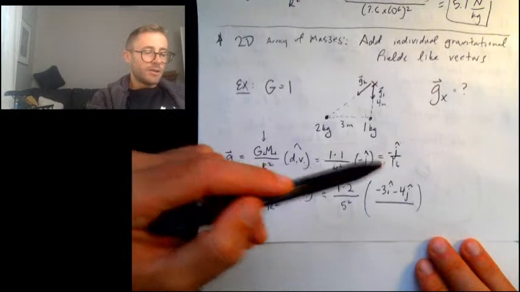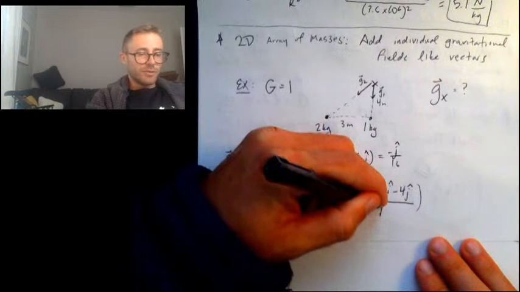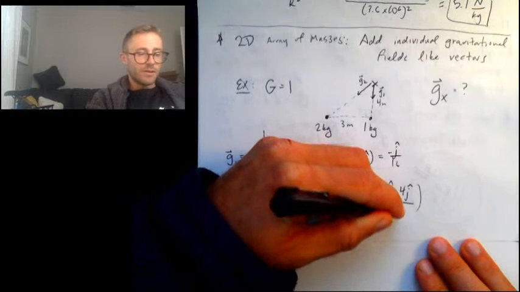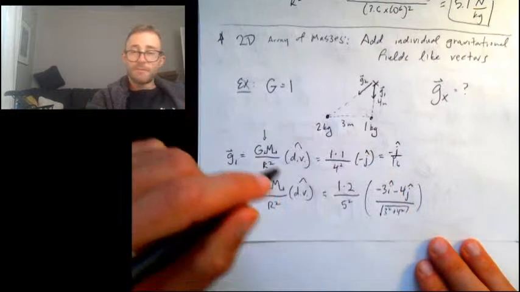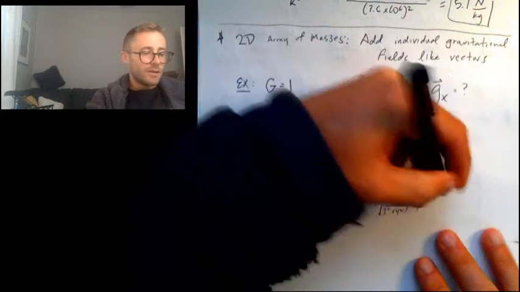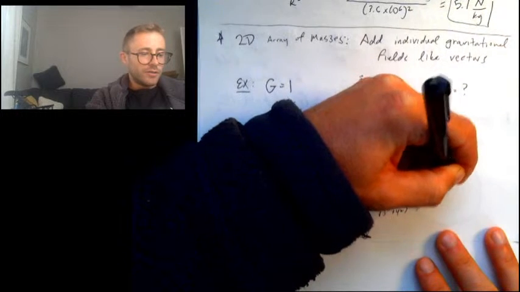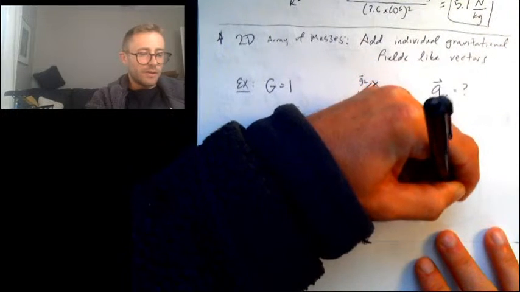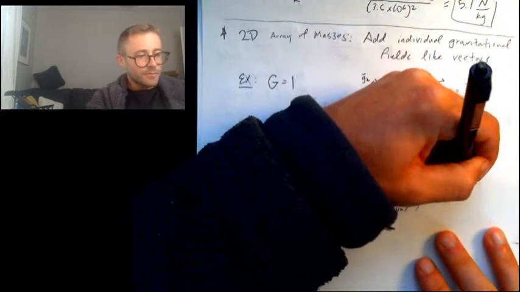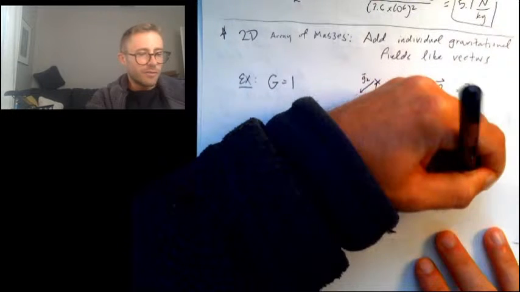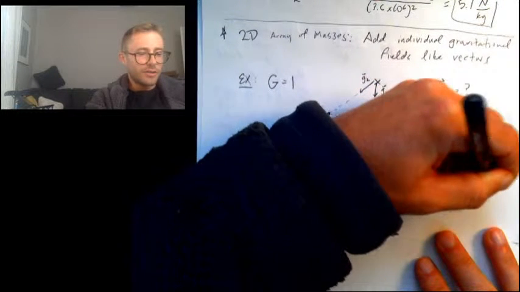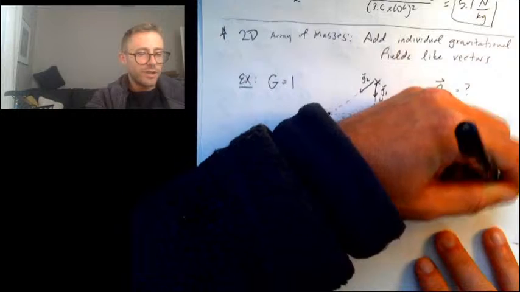So I'm going to divide by the square root of 3 squared plus 4 squared, which is, of course, 5. Okay? So this is going to be 2 over 25 times negative 3 over 5 i hat minus 4 over 5 j hat.